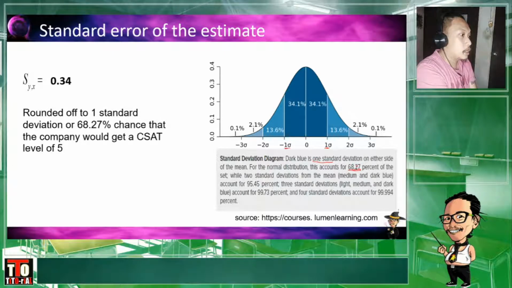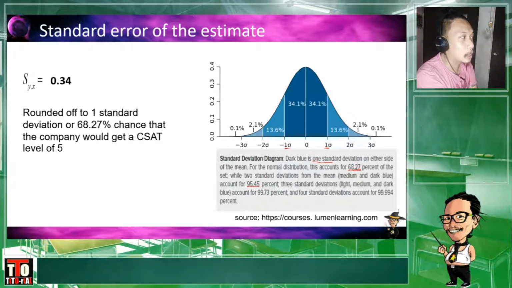So, ang ibig sabihin niyan ay merong 68.27% chance na ang company ay makakakuha ng level of satisfaction na 5, or delighted. Kung makakuha tayo halimbawa ng value which is closer to 2 standard deviation, pwede nating sabihin na meron tayong 95.45% na makukuha natin yung CSAT level 5.